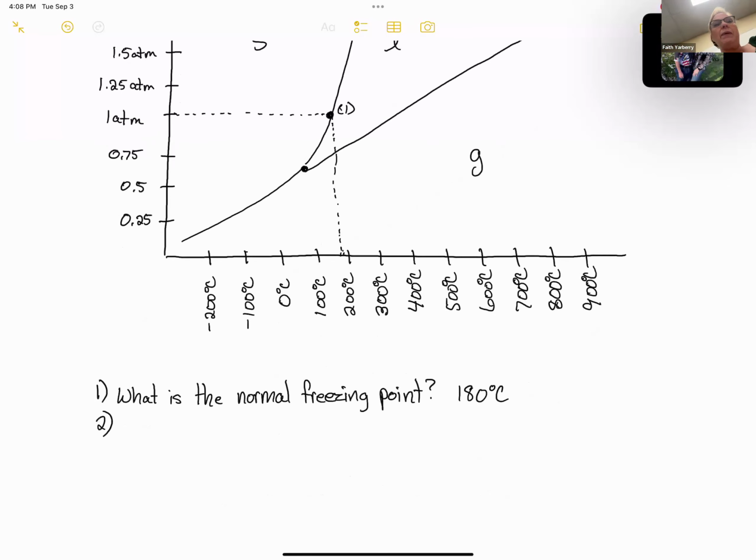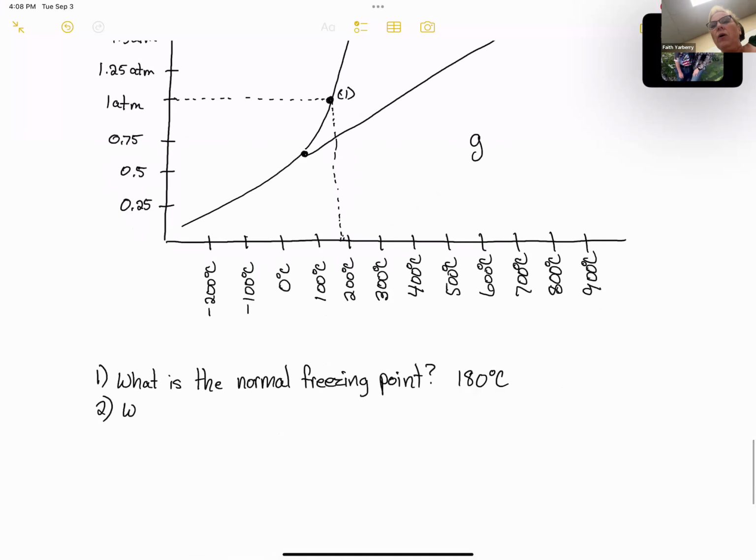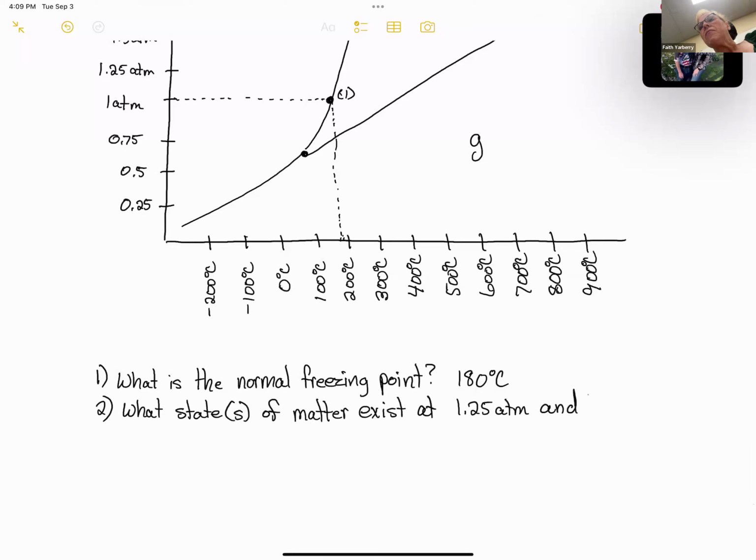Another type of question that could be asked is, what state or states of matter exist at 1.25 atmospheres and 300 degrees Celsius?